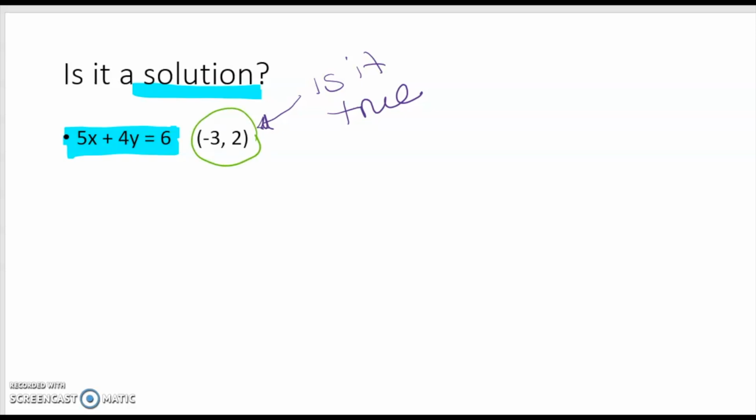That's what would make it true. So the first strategy we're going to use is called substitution. And then we're going to learn that we can actually graph an equation without knowing values, and then we would be able to see all the points that make the line. So we'll start with substitution.